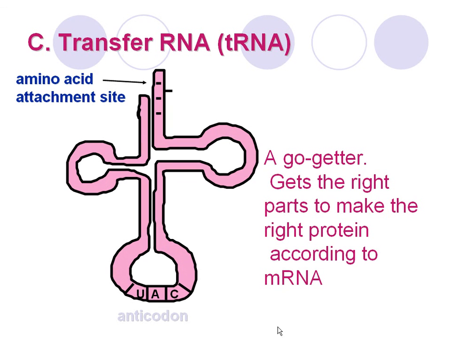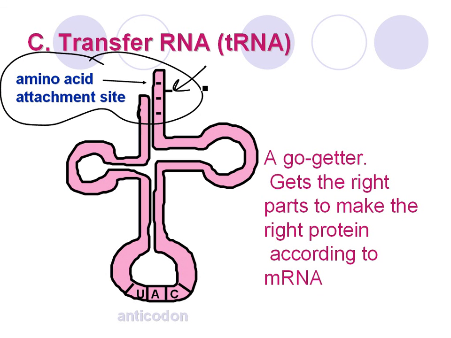At the top you'll see our amino acid attachment site. Here we're talking about where that amino acid will actually be attached. And you'll notice down at the bottom the anticodon area, which will match the codon, or complementary base pair with the codon that's on messenger RNA.